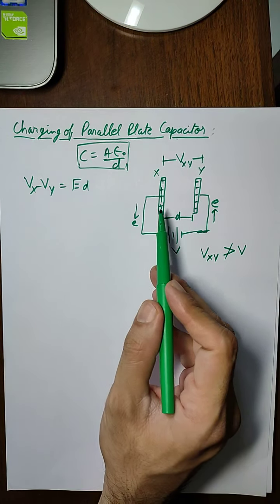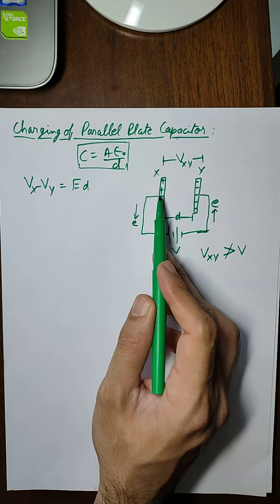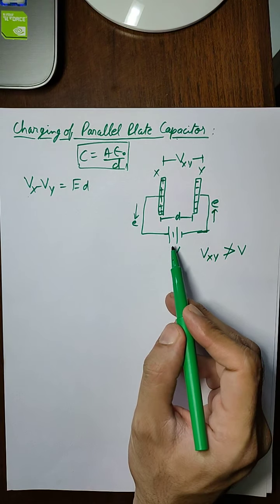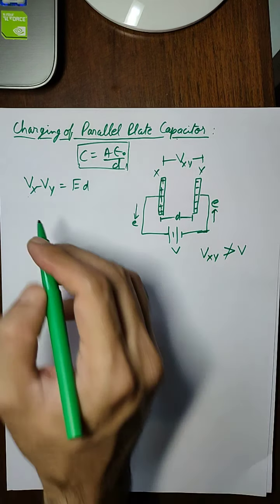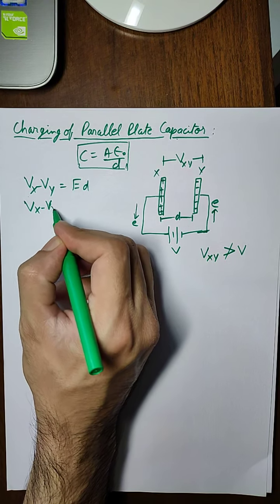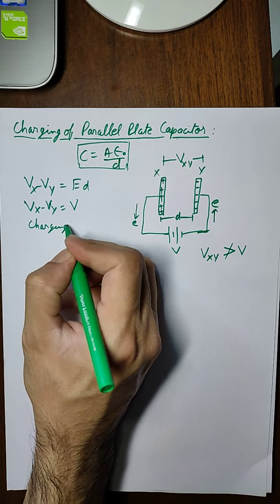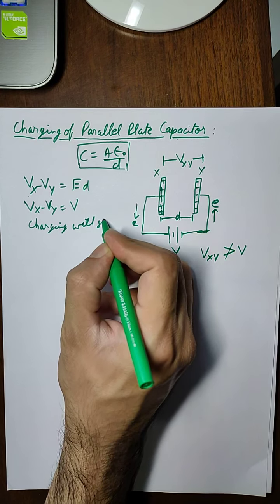And at some point, this value of potential Vx minus Vy will be equal to the potential of the battery V. At this point, when Vx minus Vy becomes equal to V, the charging will stop.